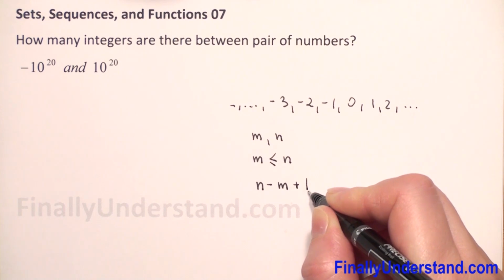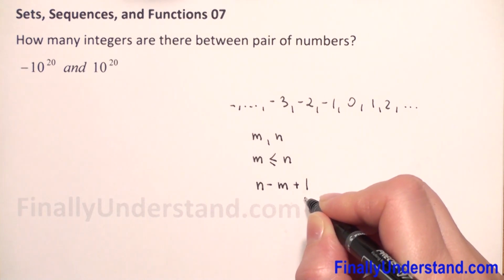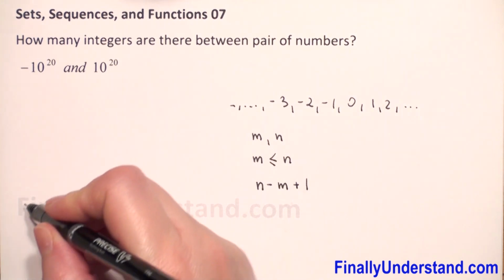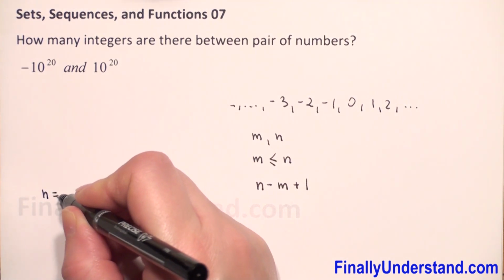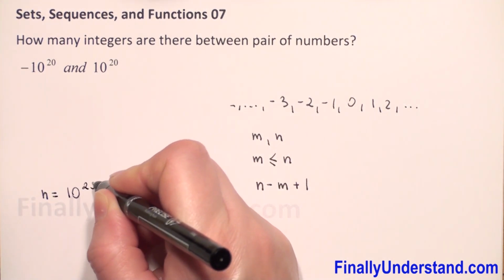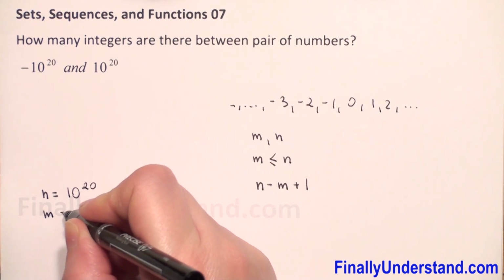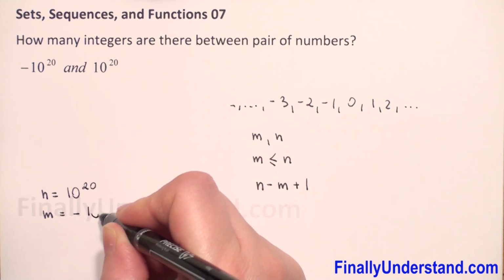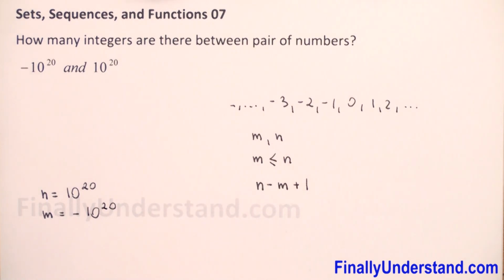We have to add 1 because we have to include both ends. So in our example, n is equal to 10 to the power 20, and m is equal to negative 10 to the power 20.